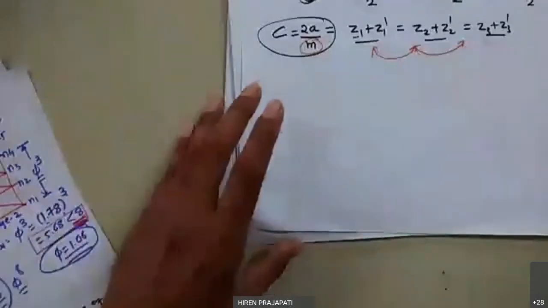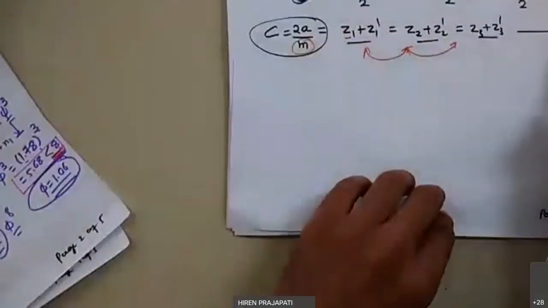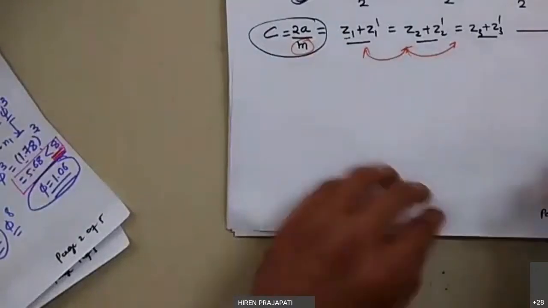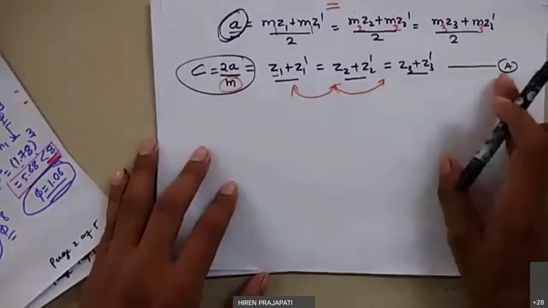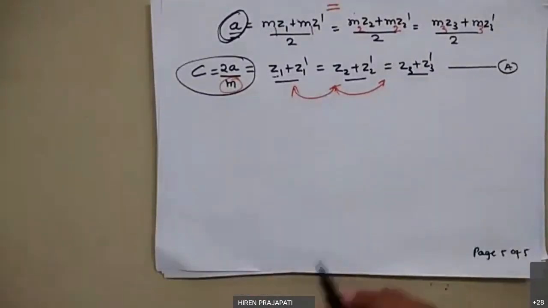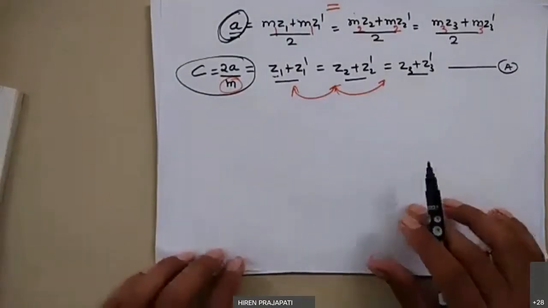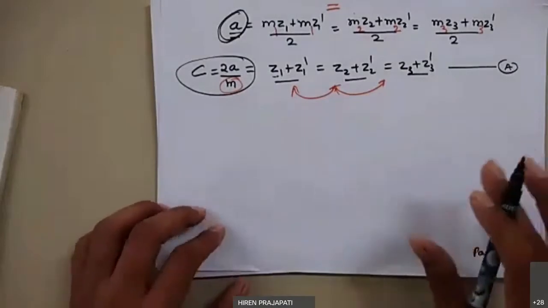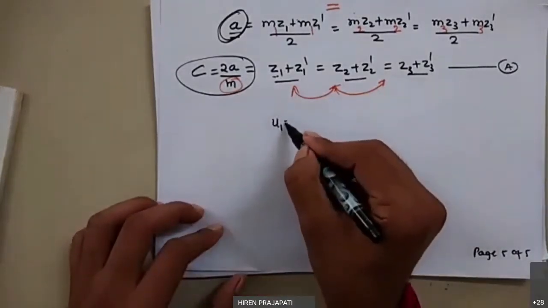Now we are moving further. I call this our equation A. And now I form, because from the ray diagram we already know what is U1.